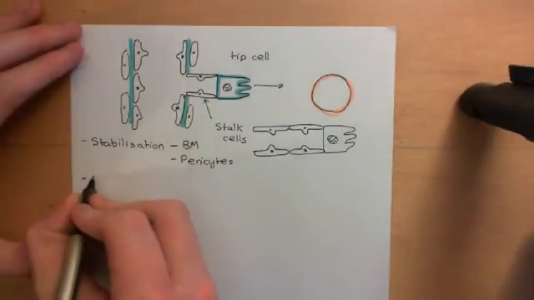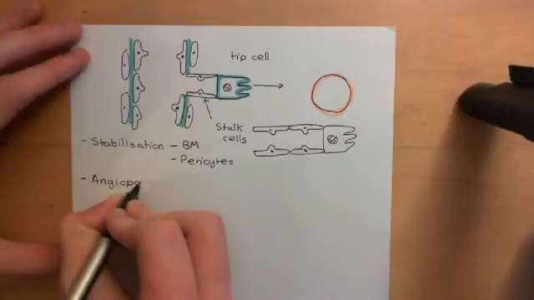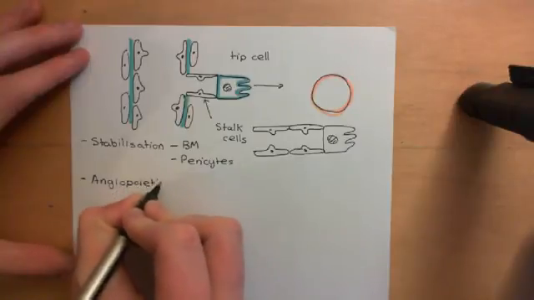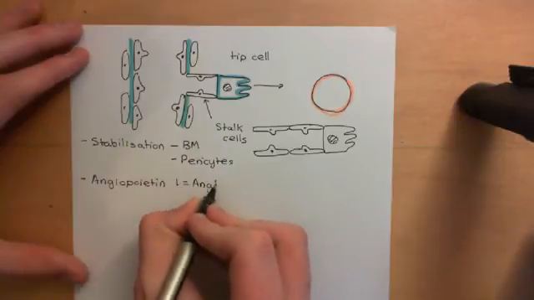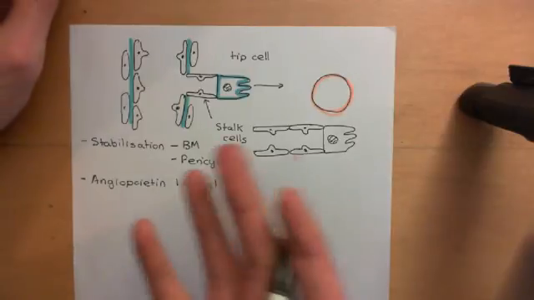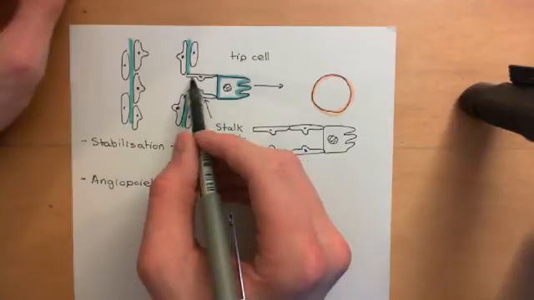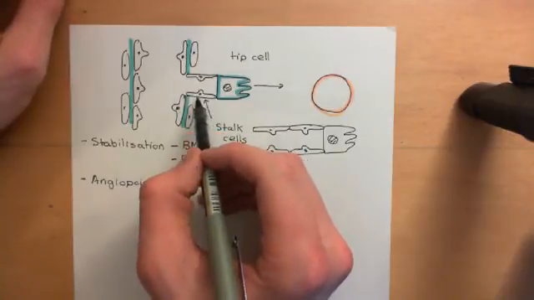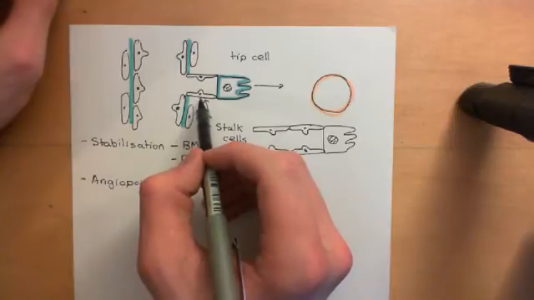Okay, so let me tell you about angiopoietin-1. So angiopoietin-1 is usually just abbreviated down to Ang1 for short. Okay, and it's still not entirely clear where this molecule gets secreted from, but it is a secreted molecule. Okay, we think it probably is secreted by the endothelial cells themselves. Okay, and then what it acts on is the endothelial cells.